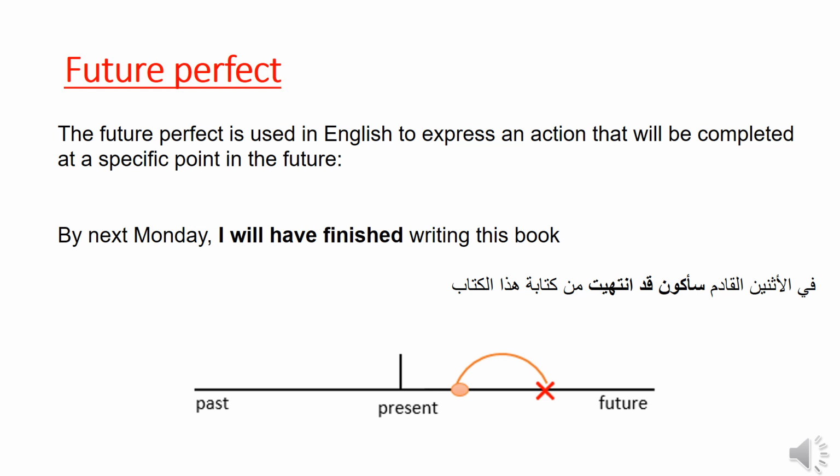Future perfect can be represented as seen in this timeline chart. The future perfect is used in English to express an action that will be completed at a specific point in the future. So consider the example here: by next Monday, I will have finished writing this book.